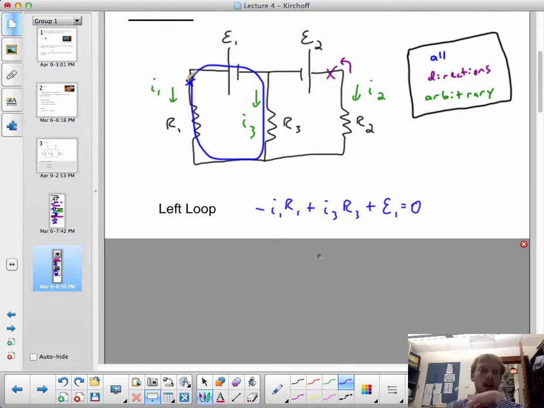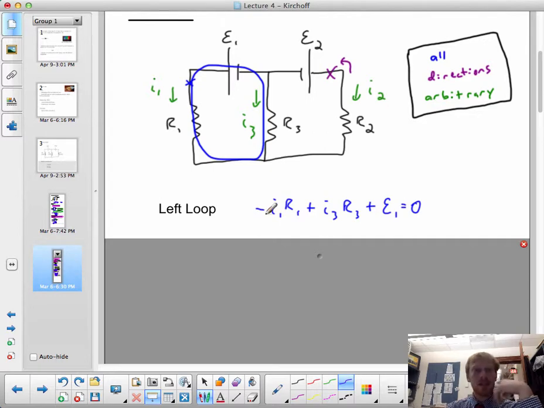When I do that, I'm walking in the same direction as the current is going. Note that both of my arbitrary choices came into play here. I am choosing to walk across this R1 resistor top to bottom, and I've also chosen to say that the current flows top to bottom. That means I lose voltage. When you walk the same way as the current you've chosen, you lose voltage.